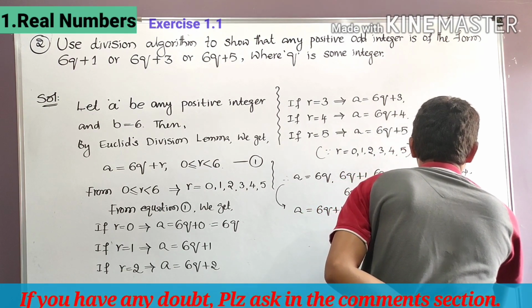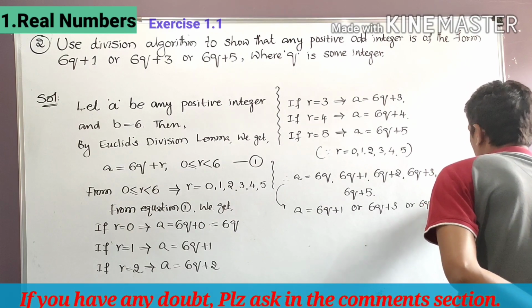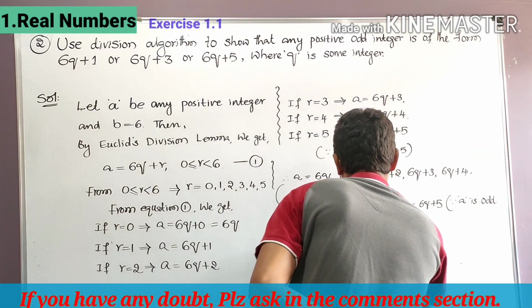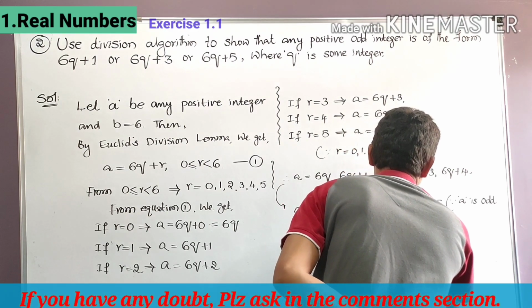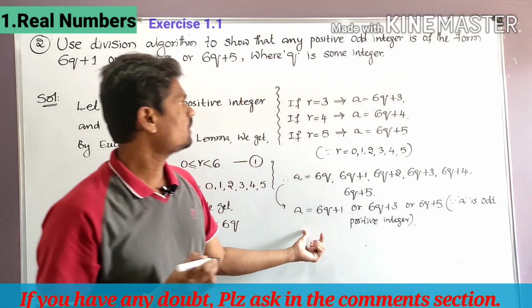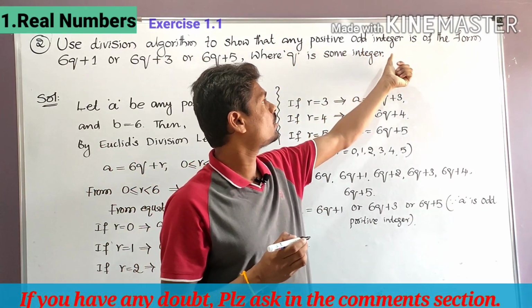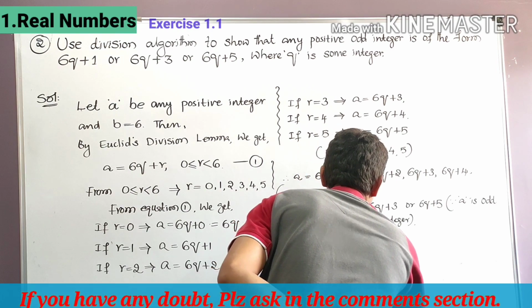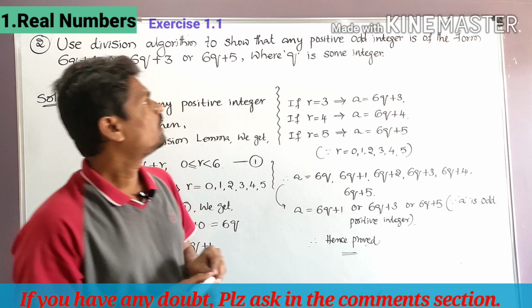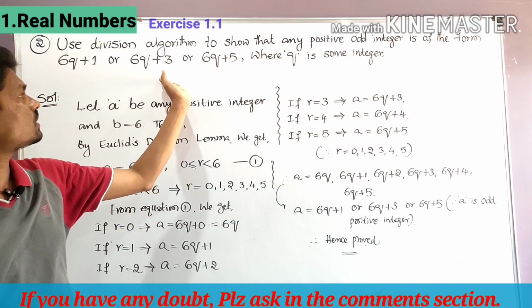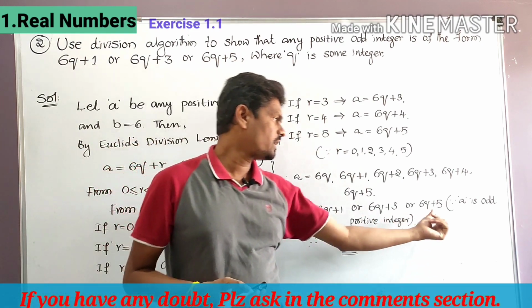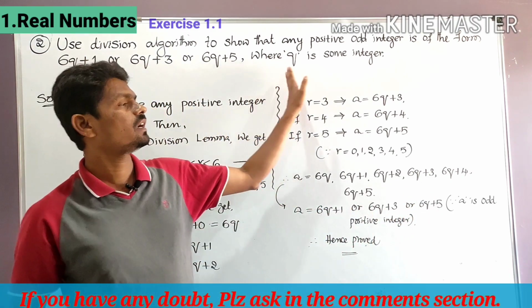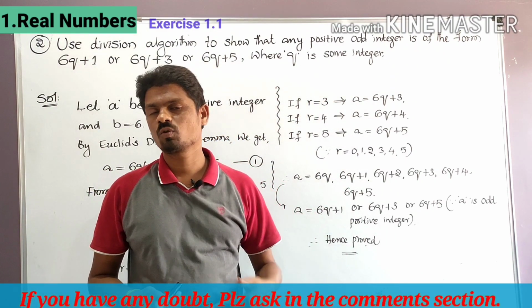Since a is an odd positive integer, therefore we can prove that any positive odd integer is of the form 6q plus 1 or 6q plus 3 or 6q plus 5.